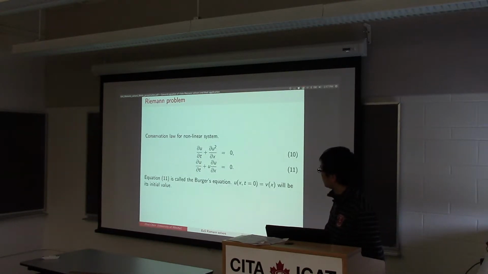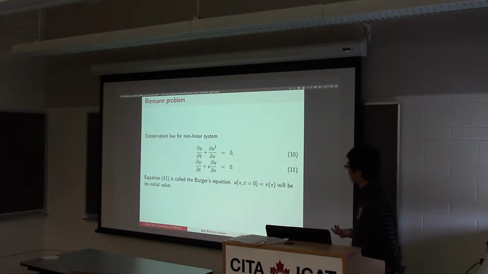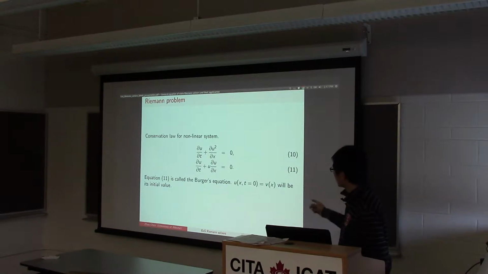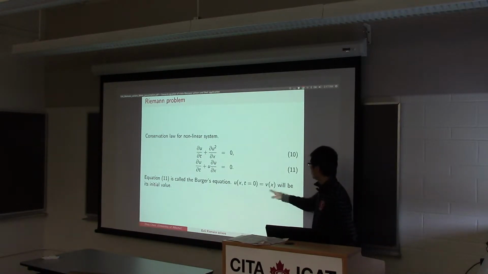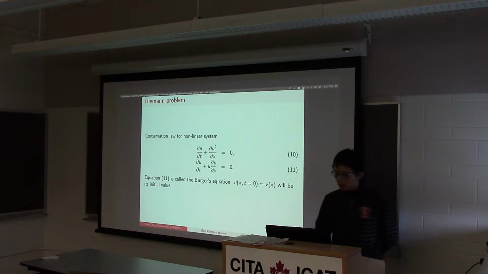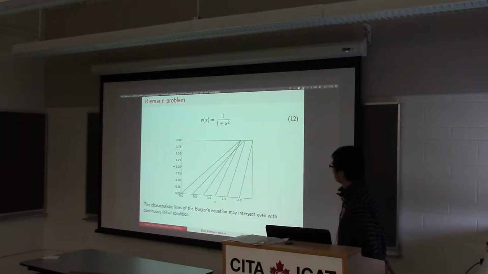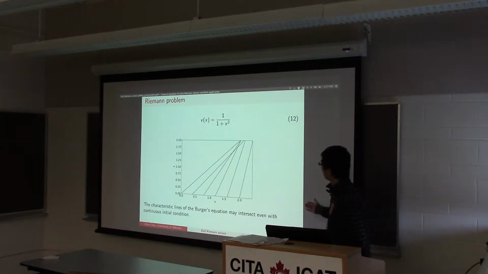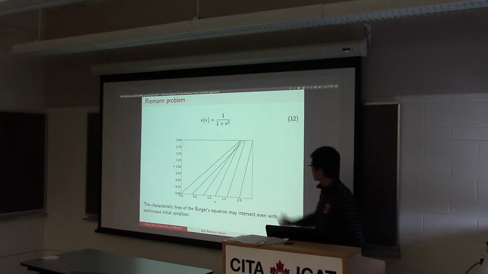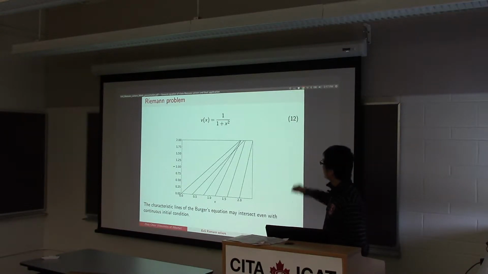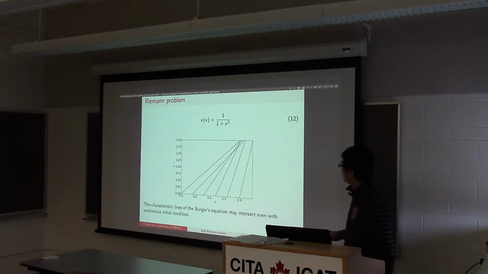However, if you study the nonlinear system, this shows the Burger's equation. It has the U grad U term. So if the initial state is U at time equals 0 equals V, and we use this initial state, you will find the characteristic line is like such. Then at time equal 1.5 or 1.6, the characteristic lines intersect.